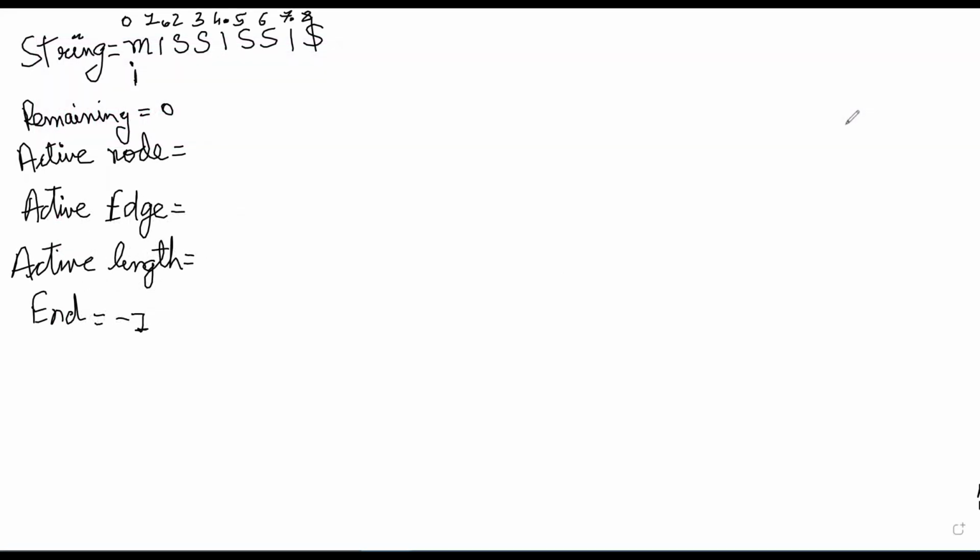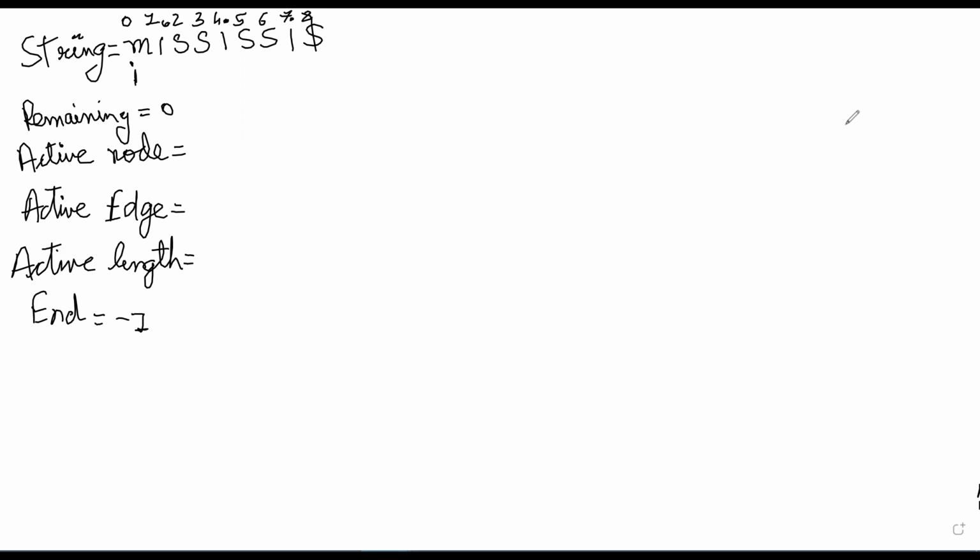So we have taken a string, Mrs. C, and as we discussed the pointers before, I have mentioned all the 5 pointers. Initially we have set the remaining pointer to 0. Node, edge, and length are yet to be defined, and end is initially set to -1.